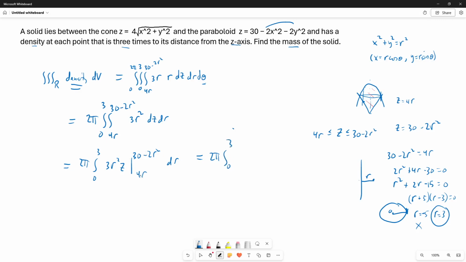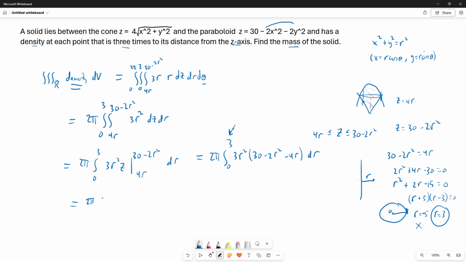Plug in this minus this, we'll have 3r squared times 30 minus 2r squared minus 4r dr. So now we have a basic integral of, it looks like it'll be a fourth degree polynomial in r. When we integrate, we're going to get a fifth degree, and plugging in 3, we're going to get some perhaps unwieldy numbers.